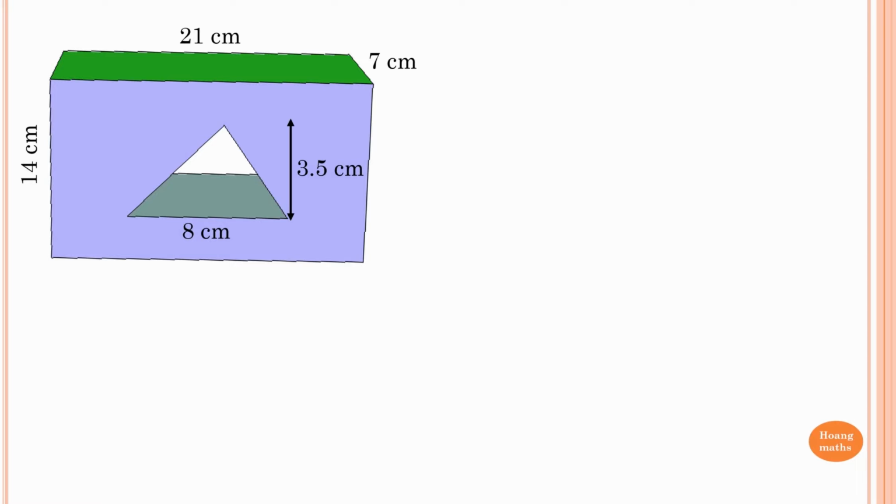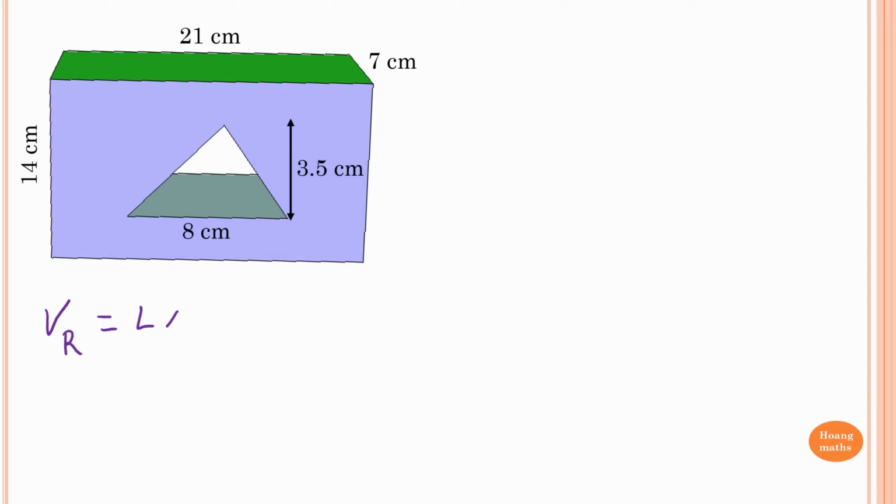To find the volume of this solid, we need to find the volume of the rectangular prism, and we subtract the volume of the triangular prism. So we find the volume of the rectangular prism first. So V, I just write VR, I mean rectangular prism, or you can write V1, V2, doesn't matter.